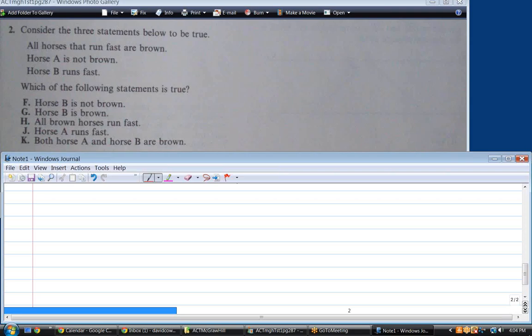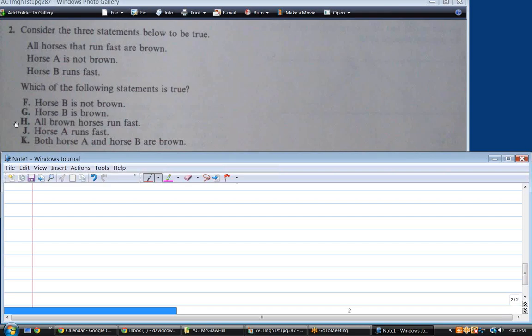They usually put one question on the test that is a logic question. Okay. This is that one. So G and H are correct? Well, G is certainly correct because horse B runs fast, and all horses that run fast are brown. So horse B is brown.